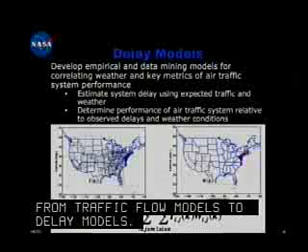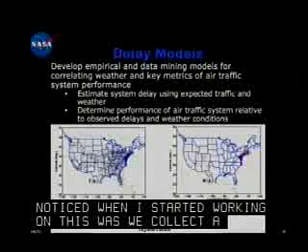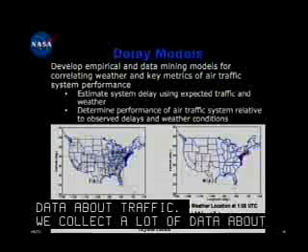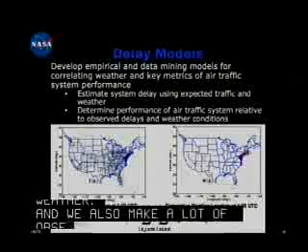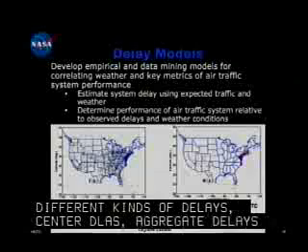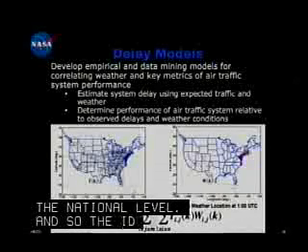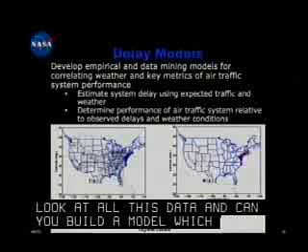One of the first things I noticed when I started working on this was we collect a lot of data about traffic, we collect a lot of data about weather, and we also make a lot of observations about delay. We make observations about different kinds of delays, center delays, aggregate delays at the national level. And so the idea was, can you look at all this data and build a model? The relation between weather, traffic, and delay is very complicated.